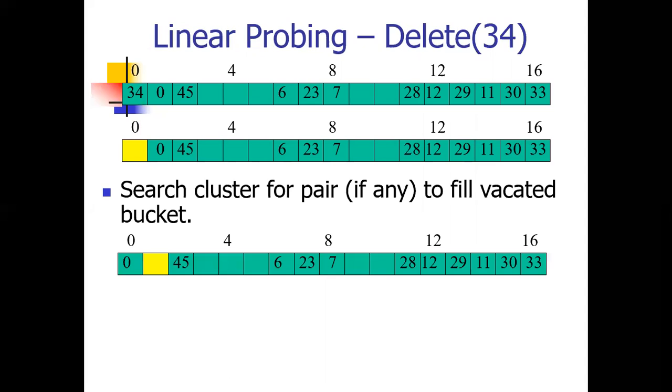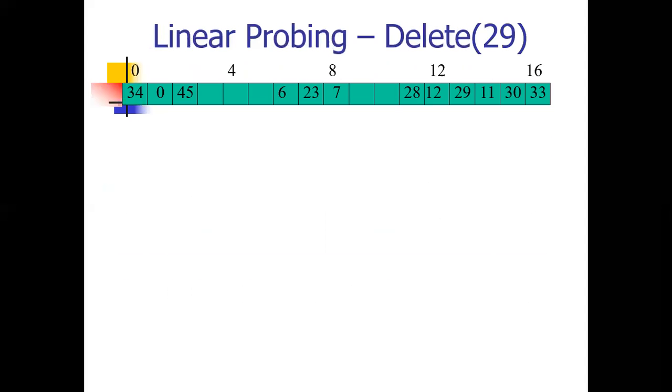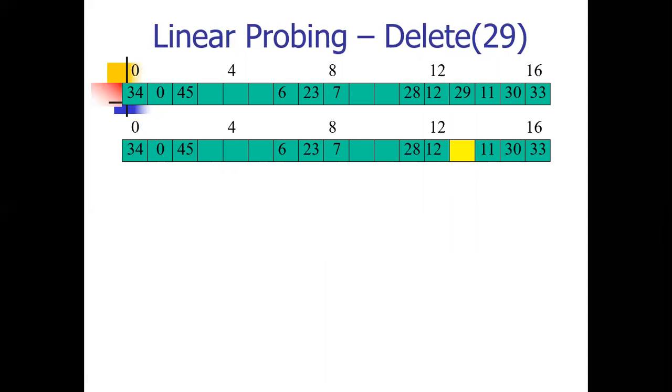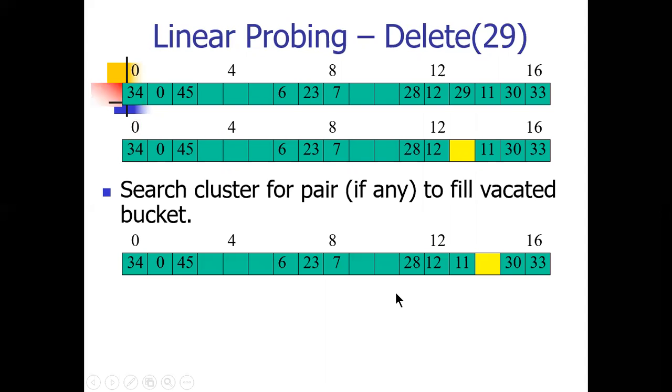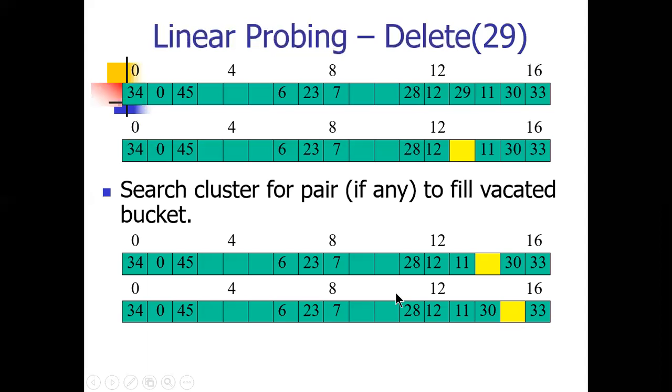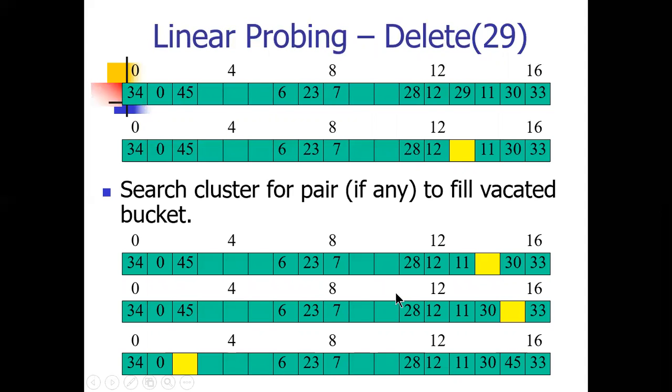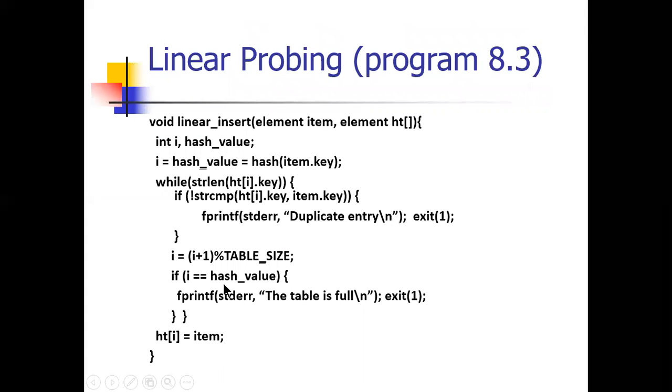Eventually you find that all these items will be deleted according to the pseudocode that you have looked at there. So search the cluster for a pair to fill the bucket. If there is nothing, you keep on using the algorithm that you have looked at. So this is what we're talking about here.